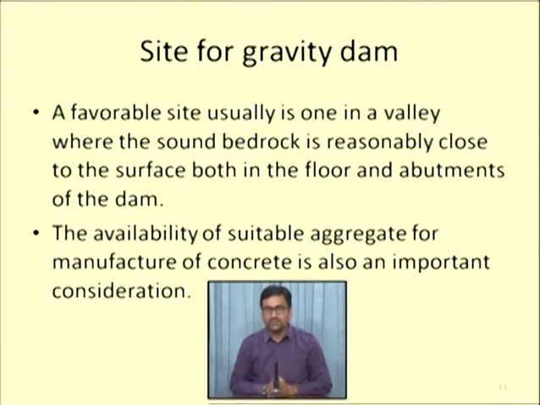When we need to construct a dam on a particular river, we may have a stretch of, say, 20 or 25 kilometers, and we look for the best site, so that the dam remains intact for 100 years, 200 years, or its intended lifetime.